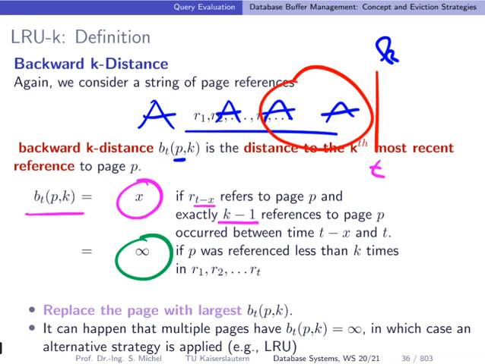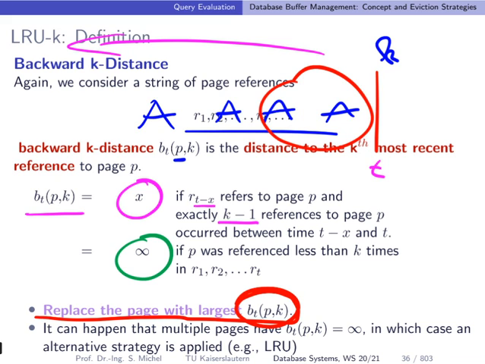And then, not surprisingly, because it's the same principle as before in LRU, just that we go a little bit more into the history, to the past, we replace the page with the largest backward k distance, so its largest value.